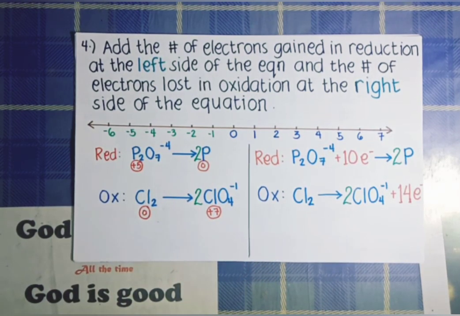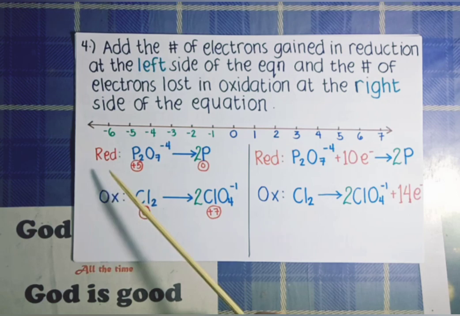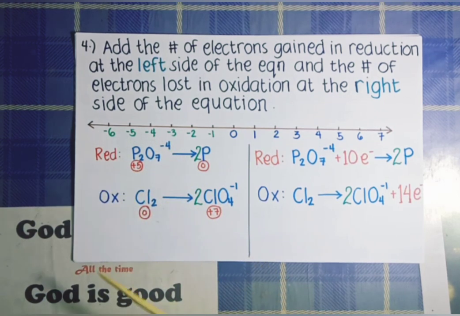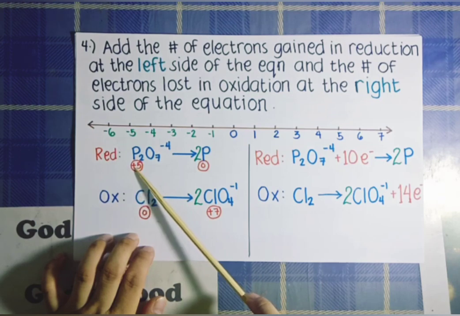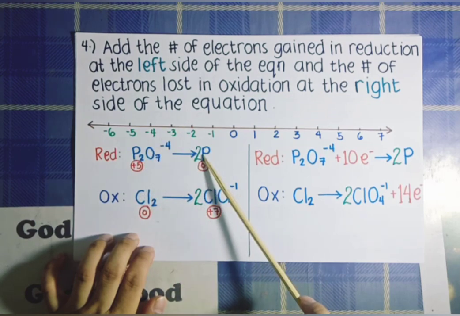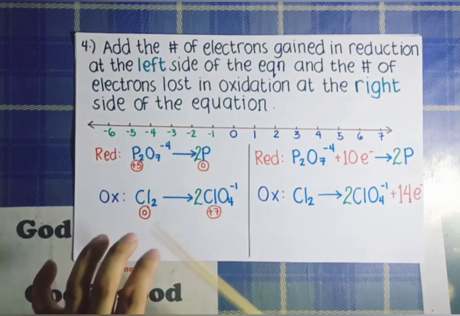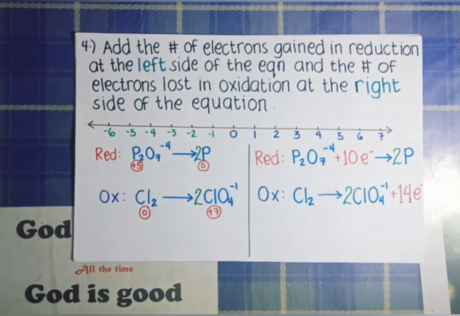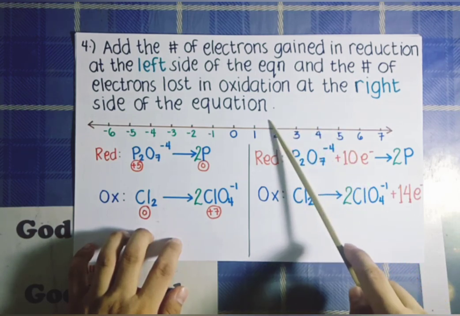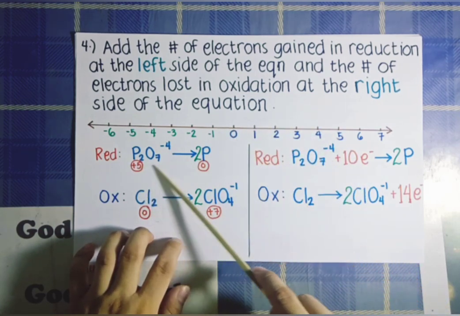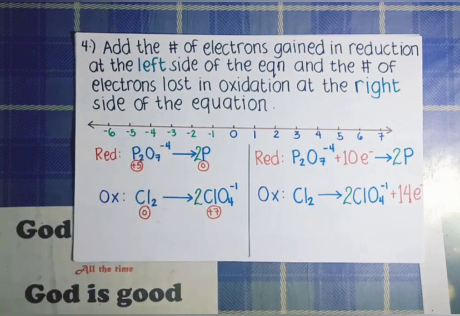Now, obviously, the one that underwent reduction is the pyrophosphate ion. The charge of phosphorus in pyrophosphate ion is positive 5, and it turned into phosphorus with no charge at all. Now, the question is, how many electrons did it gain? Again, from positive 5 to 0, that's 1, 2, 3, 4, 5. Therefore, this pyrophosphate ion gained 5 electrons.